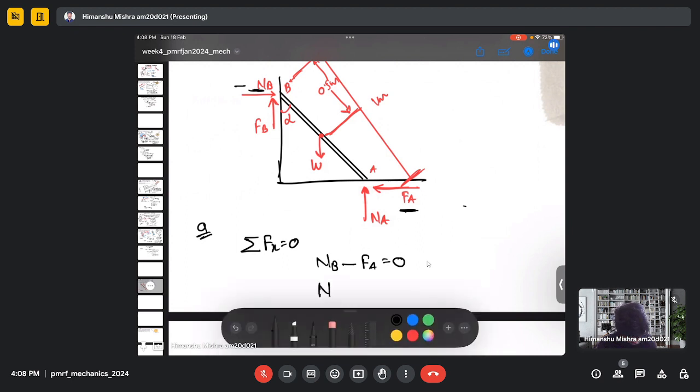So it will be NB minus mu NA equal to 0. So let's say this is my equation 1.